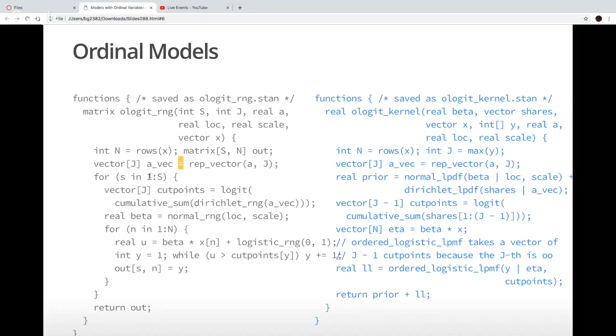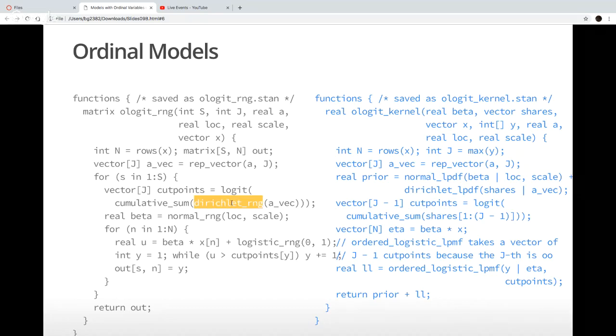So we're going to loop from S equal 1 to capital S, doing a bunch of draws from this prior predictive distribution, and doing a bunch of draws for each observed value of X that we have. The thing that's different here, and it had to be crammed together because there was not enough room on the slide, is this process of making the cut points under the prior. We read this from inside out.